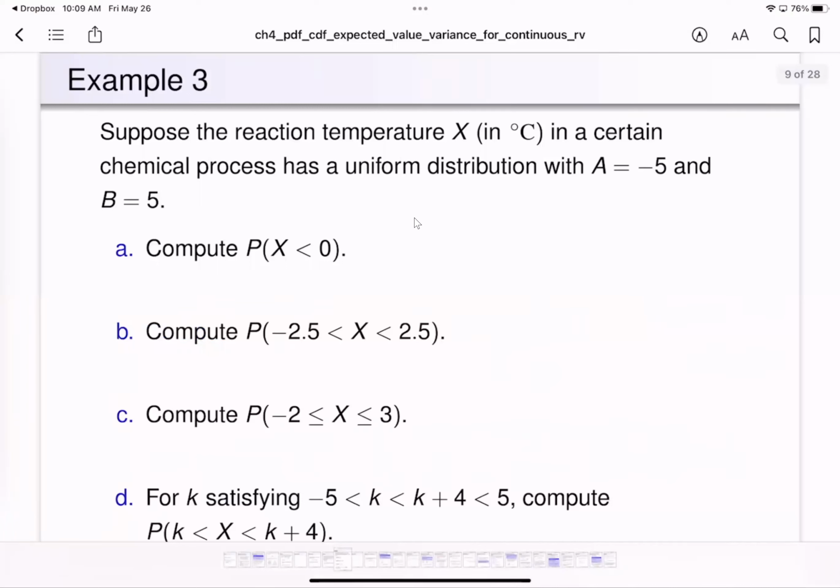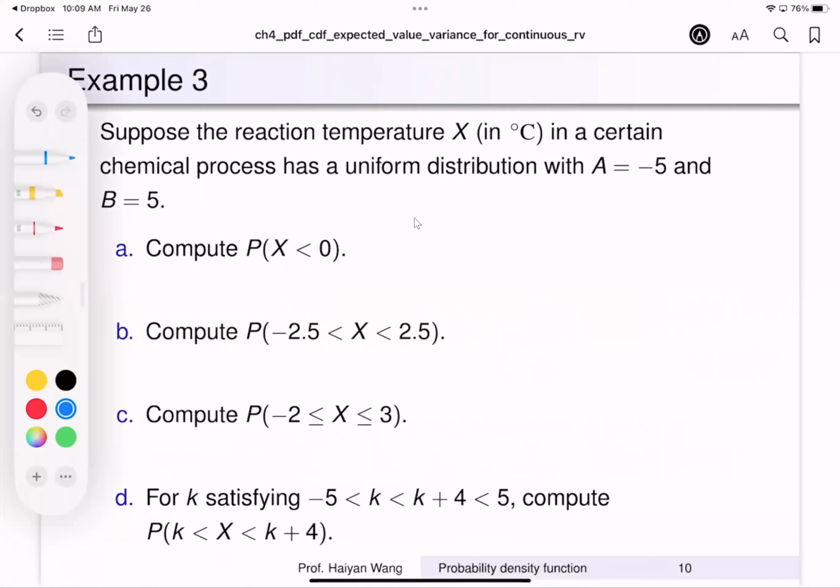The next example: suppose the reaction temperature in a certain chemical process has a uniform distribution where A equals -5, B is 5. Compute the probability of X less than 0. So for this one, it's uniform again, and we're given the A and B. The -5 is a negative value that allows us to have less than 0.